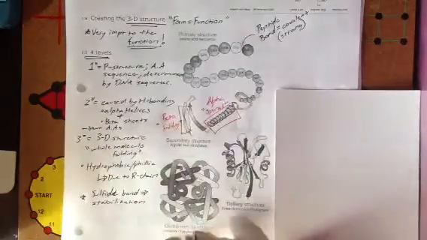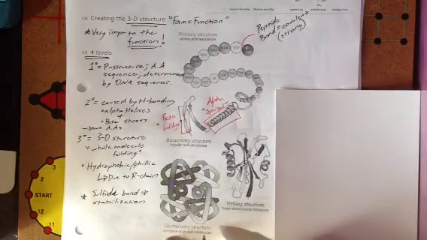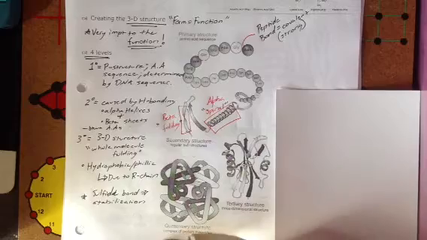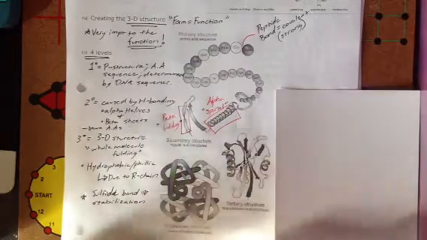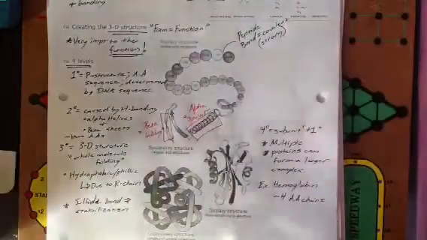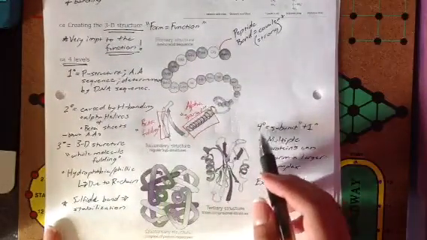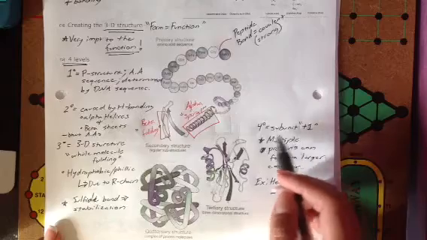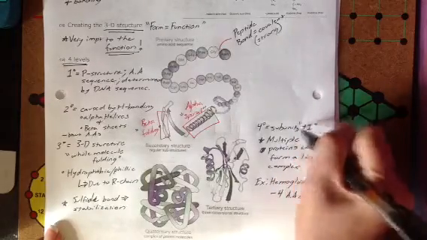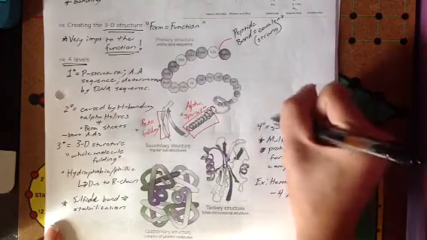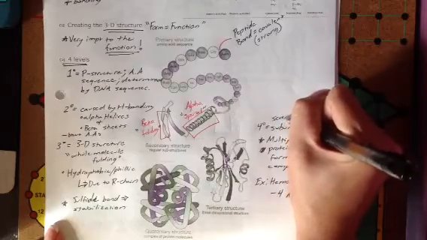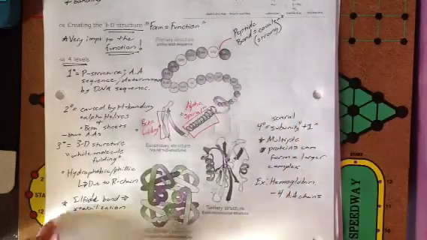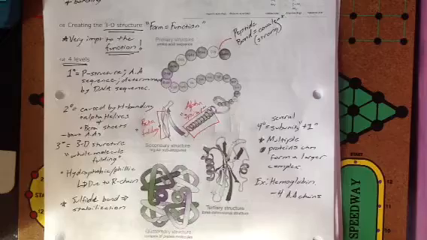And then the last structure we have is called the quaternary structure, and this is a complex of protein molecules. So what that really means is that for quaternary structure, we have more than one subunit. So several subunits or several separate proteins.